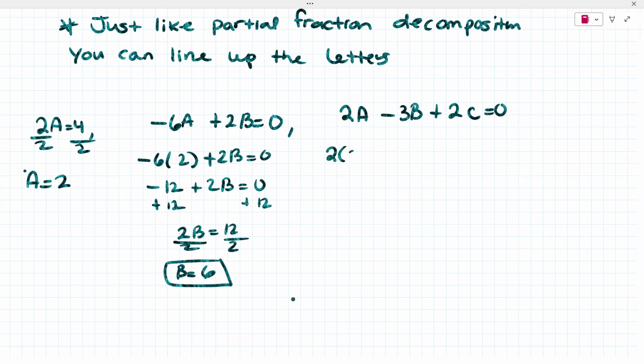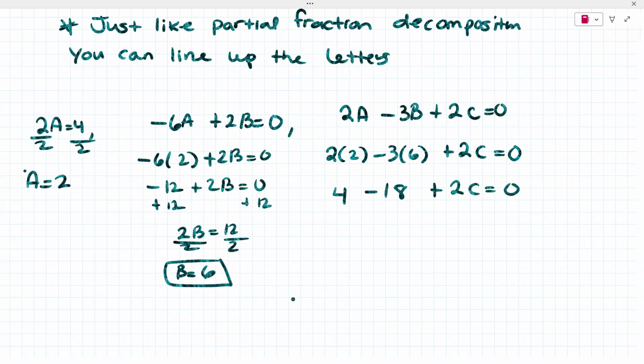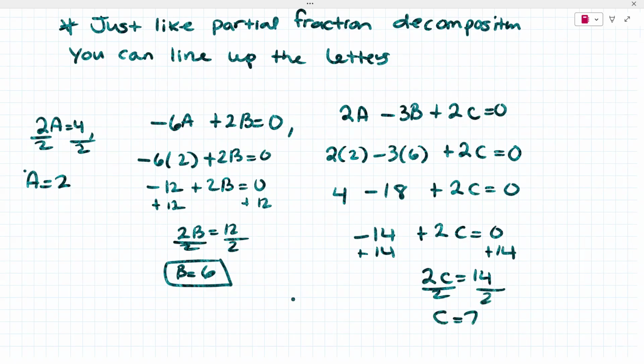So 2 times 2 minus 3 times 6 plus 2c equals 0. It's 4 minus 18, which is negative 14, plus 2c equals 0. Add 14, you get 2c equals 14. Divide by 2, you get c equals 7.